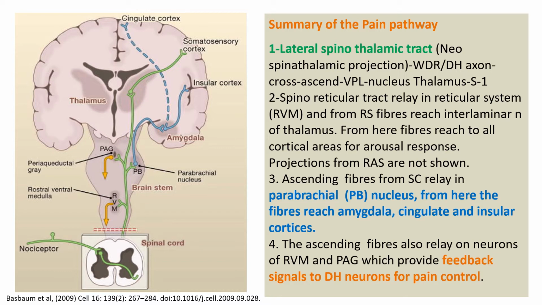They relay into the gate at lamina 5. Also, the fibers relayed in the periaqueductal gray descend down the spinal cord, forming a reticulospinal tract, and also the periaqueductal gray cells stimulate the raphe nucleus. Through that, the descending paths project onto the gate for inhibition of the ascending inputs.